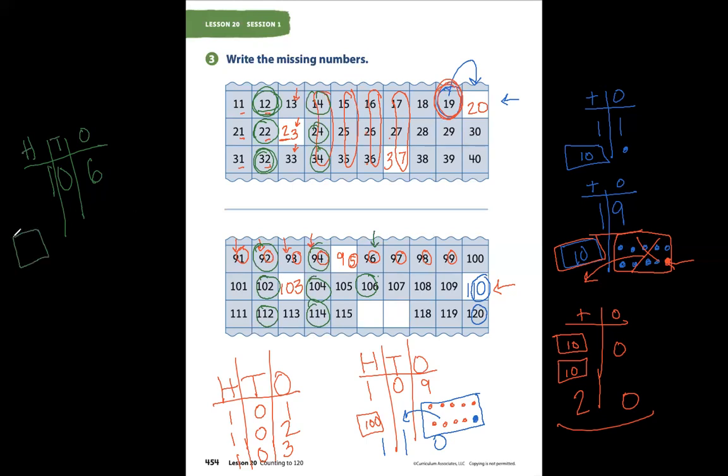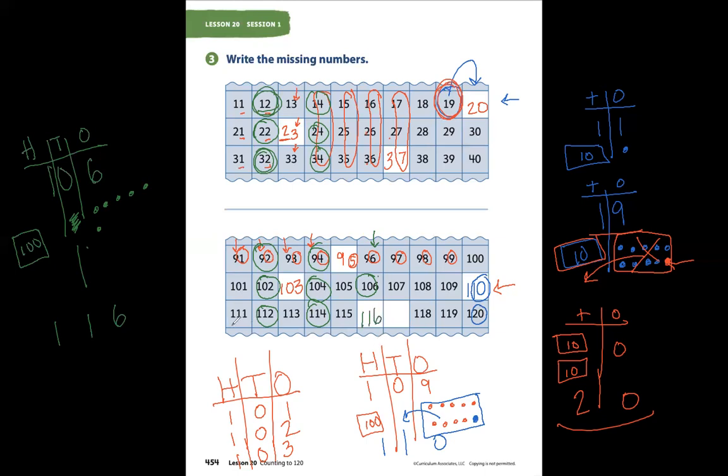That means I have one group of 100, no tens, and 6 ones. If I'm increasing by 10 every time, I could add 1 ten stick. That would give me one group of 100, 1 ten, 6 ones.